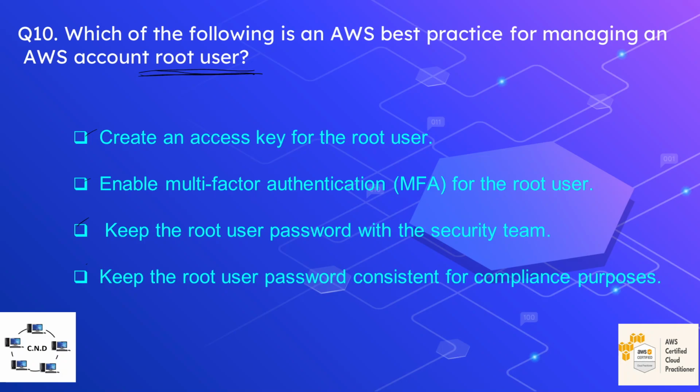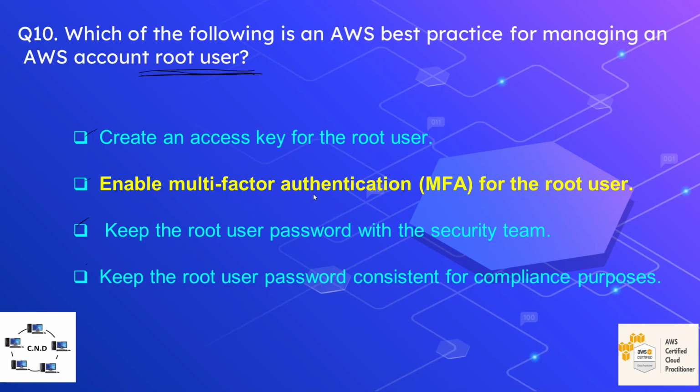And the correct option is to enable multi-factor authentication, MFA, for the root user. Since the root user has all the privileges, it is the most sensitive account and it must be protected. The best way to protect an account is through multi-factor authentication, so you can use a password as well as, let's suppose, an authenticator application, or a PIN received through SMS, to log into this account.